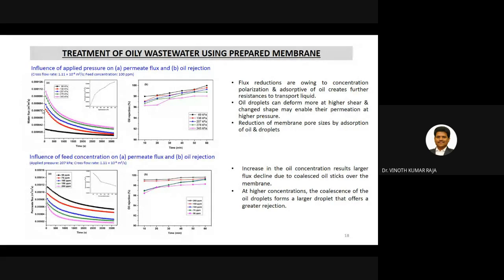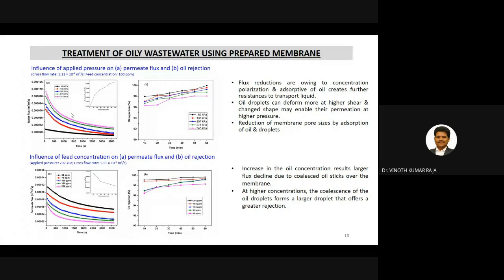In addition to that, the permeate flux increases with increasing applied pressure. You can see here, this is due to the higher driving force acting on the membrane surface. However, the permeate flux profile does not follow a linear trend with increasing applied pressure. With water we observe a linear trend, but in the case of oily wastewater it is not linear.